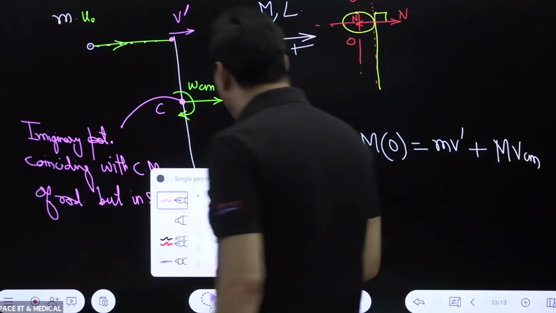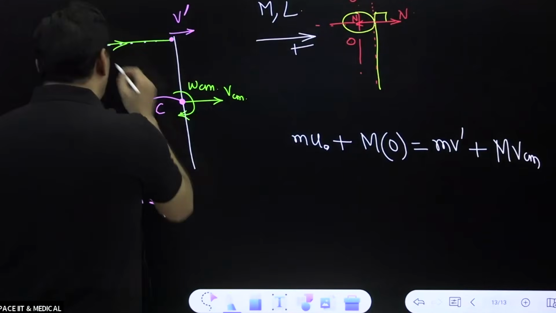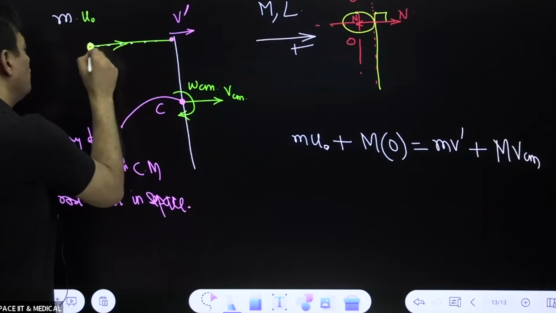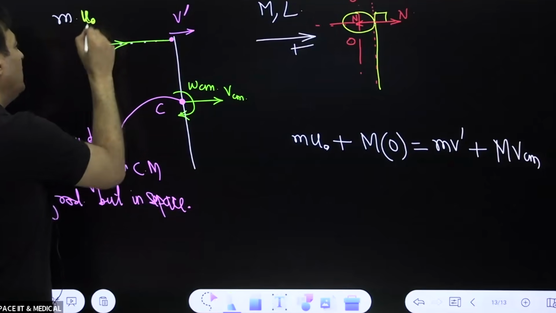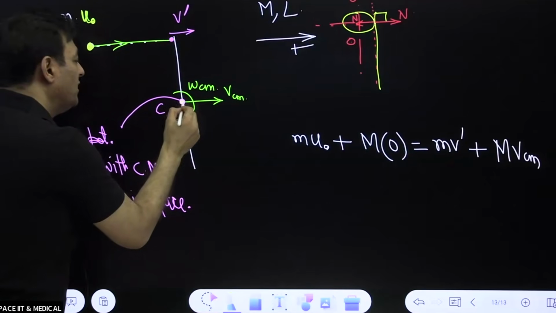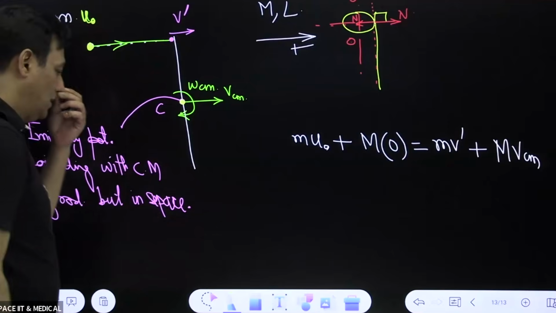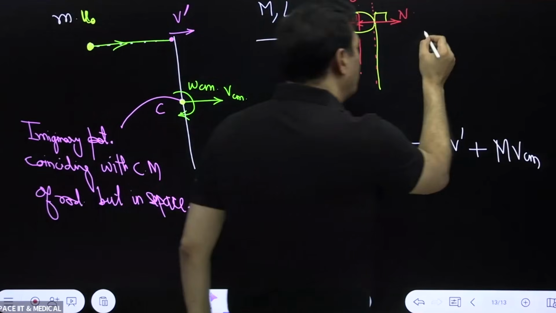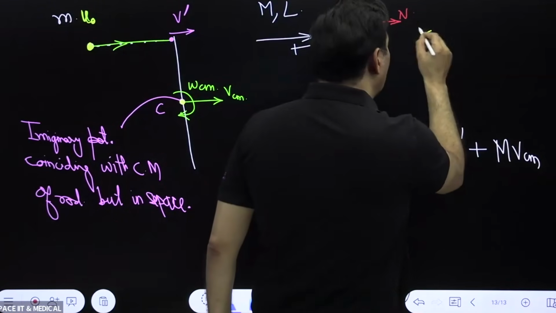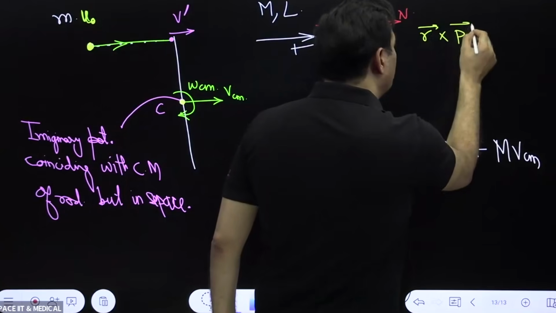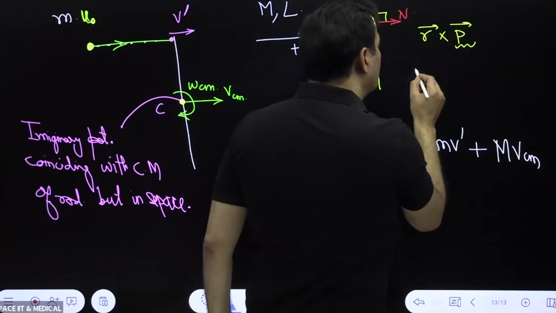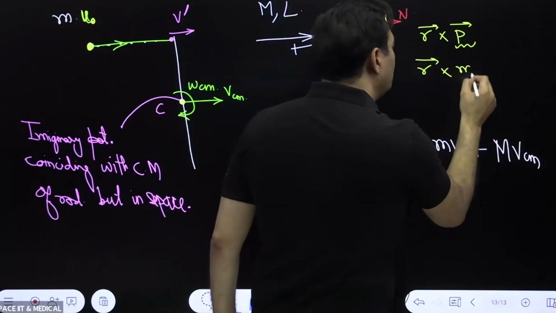Can anyone tell me, you people know the definition of angular momentum of a point mass moving with a velocity u naught about any point? Can you tell me about this point, what will be the angular momentum? For a point mass, it is R cross P. P is the linear momentum. So R cross MV.